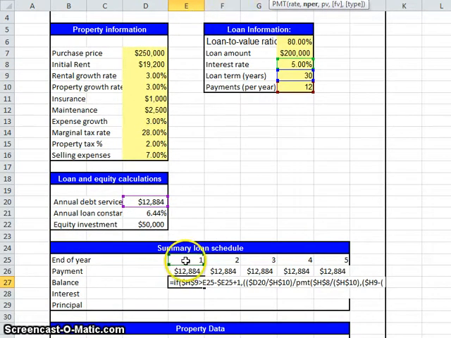So then we're going to take that minus, just like we did in the beginning. It's going to be plus 1.